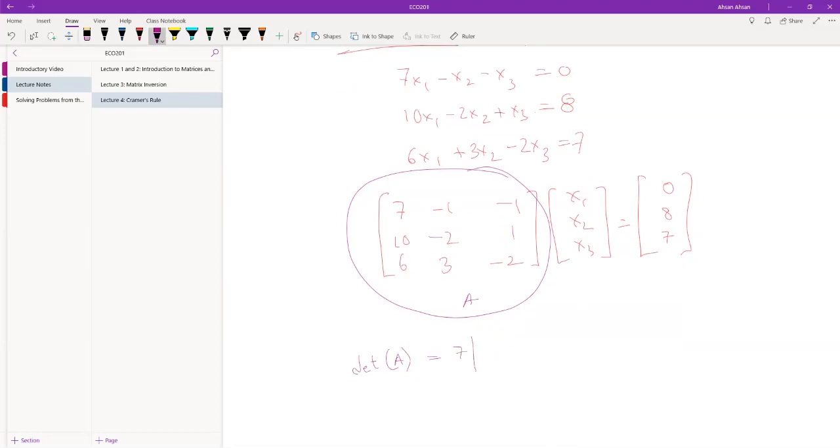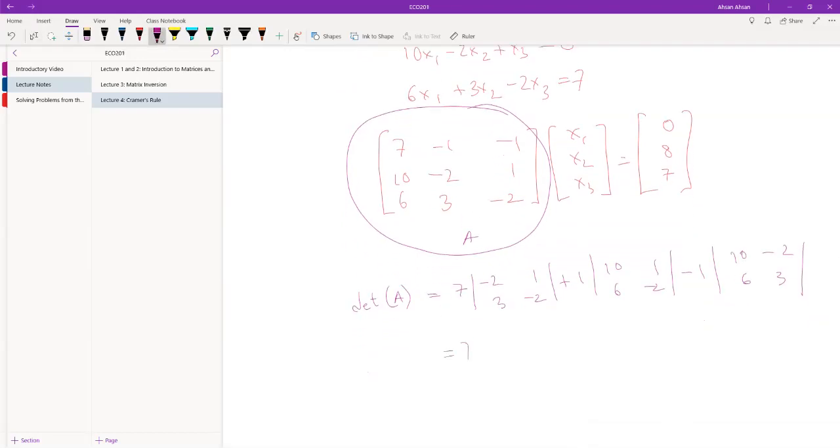So I have 7 times the determinant of minus 2, 1, 3, minus 2, minus minus 1 times the determinant of 10, 1, 6, minus 2, plus minus 1 times the determinant of 10, minus 2, 6, 3. So that gives us minus 3 plus 1 minus 20 minus 6 minus 1 times 30 minus 12.